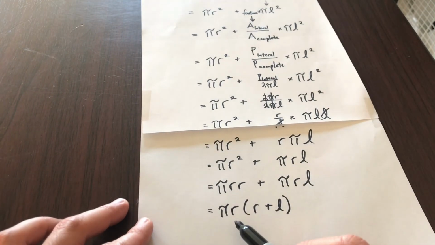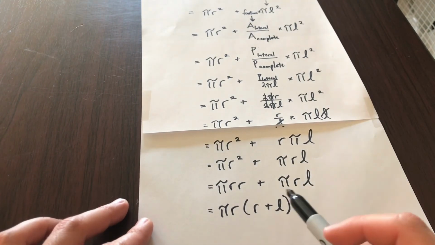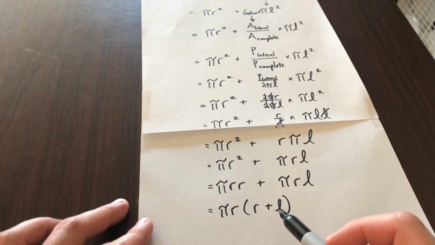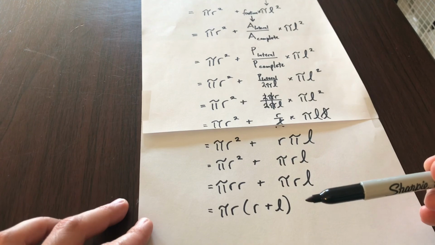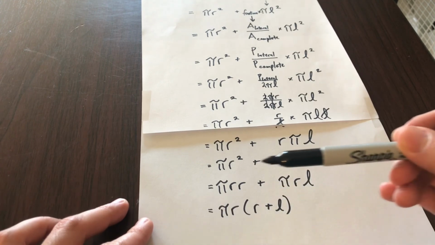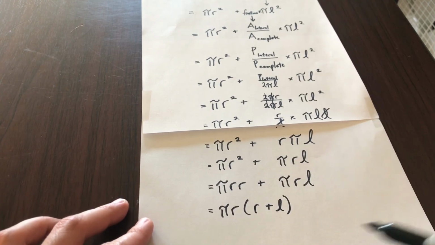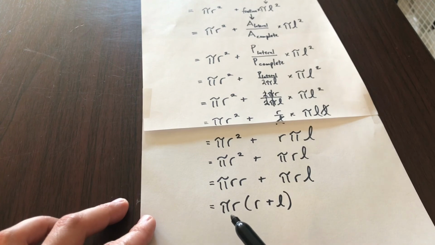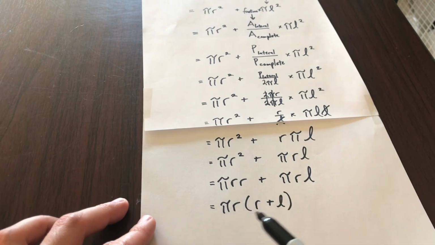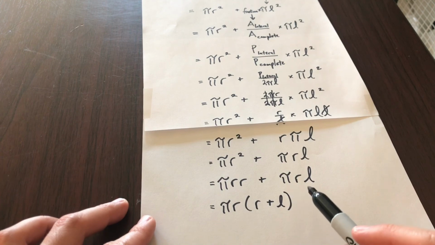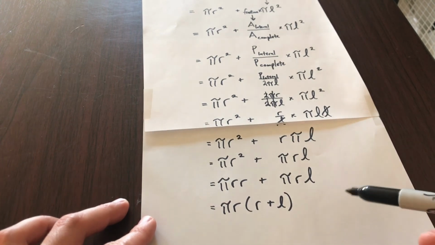The pi r is on the outside of these parentheses, and r plus L is on the inside. To see that this is really equivalent to this, just distribute. Pi r times r would give you pi rr, or pi r squared, and pi r times L would give you pi rl.